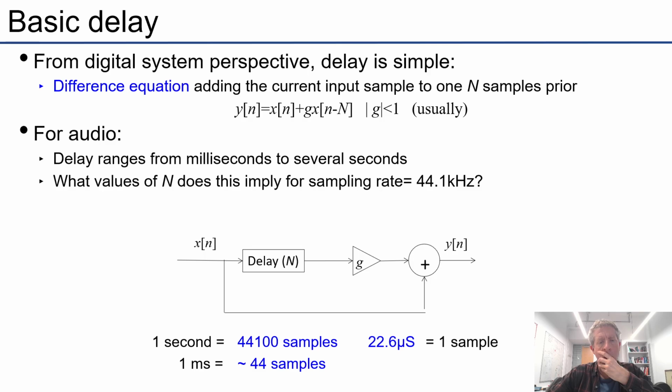For a sampling rate of 44,100 samples per second, which is the typical value with compact disc and a lot of audio formats, in 1 millisecond there's just over 44 samples, or essentially the period between samples is a bit less than 23 microseconds. So it's a very short time between samples, very quick. We don't generally perceive the difference from one sample to the next.